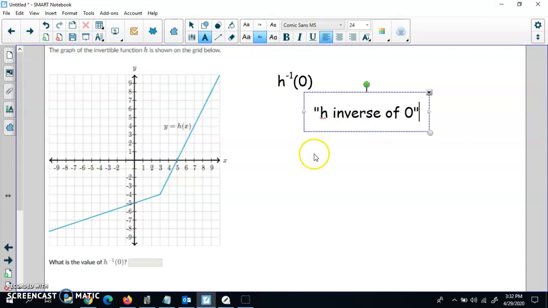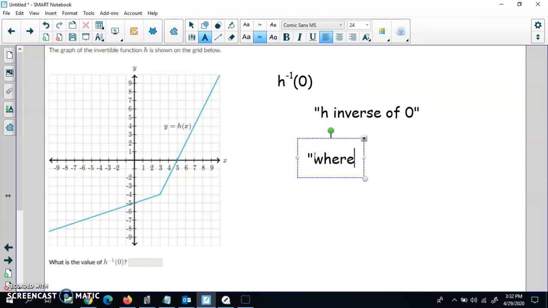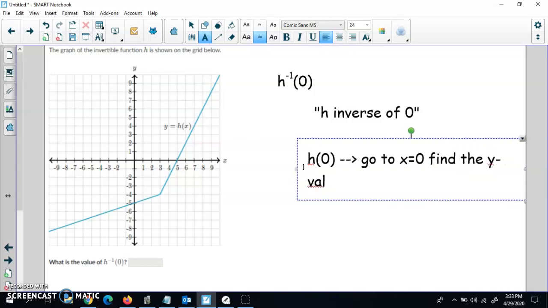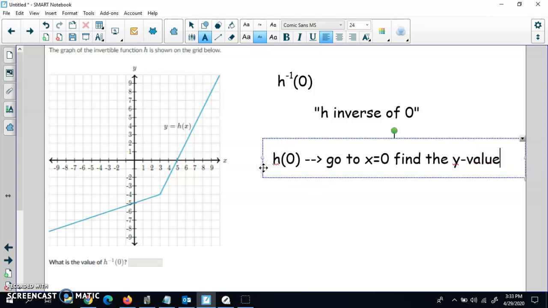Usually if this was just H of 0, you would go to X equals 0 and find the Y value. That's usually what it means to do.